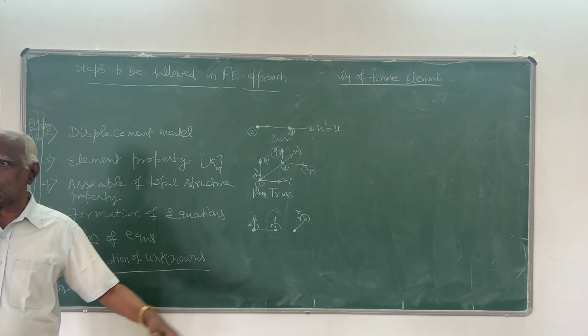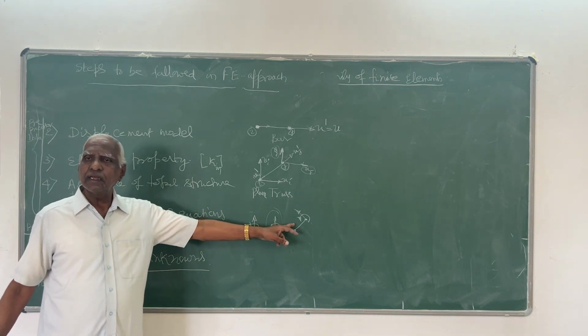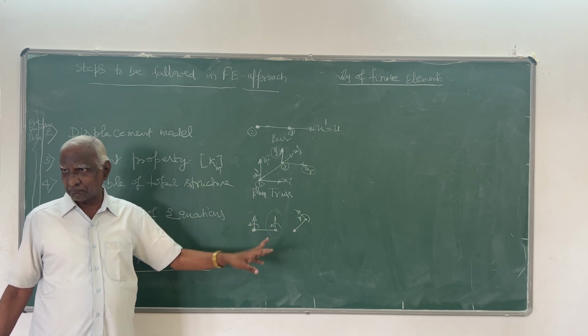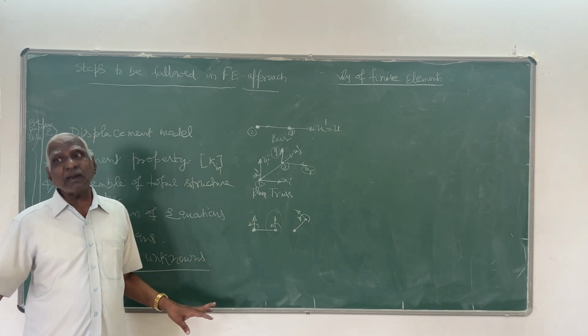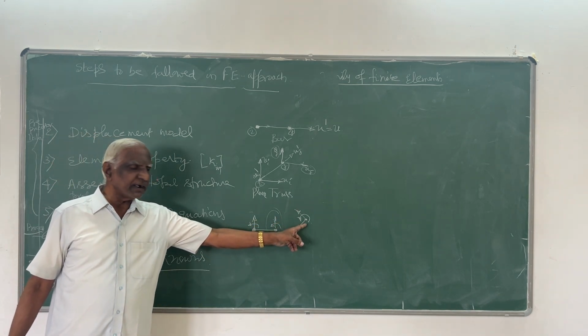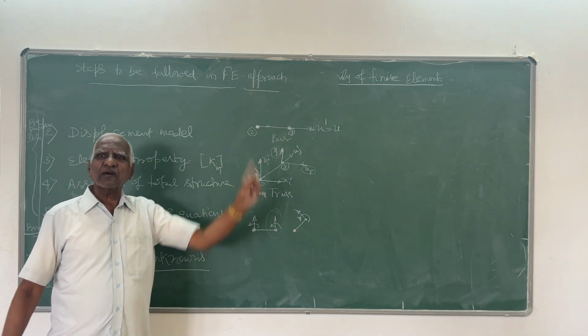Final results will be only with respect to local coordinates. Even if it is inclined, you have in local coordinates only 2 degrees of freedom, not 3. But in global direction, it can have 3, because of the horizontal, vertical components and rotation.